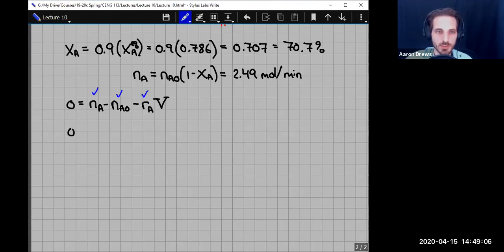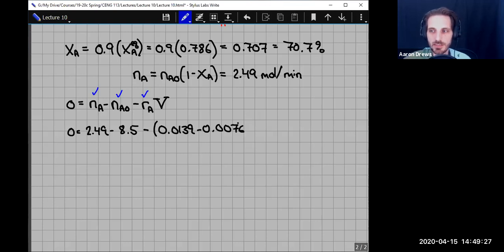So this would end up looking like 2.49 minus 8.5. The 2.49 comes because we're at 90% of equilibrium conversion. The 8.5 is the same feed that we saw before. And then we subtract off our rate, which is 0.139 minus 0.076 times n sub a. And n sub a here is 2.49.